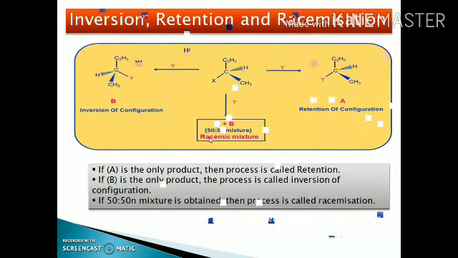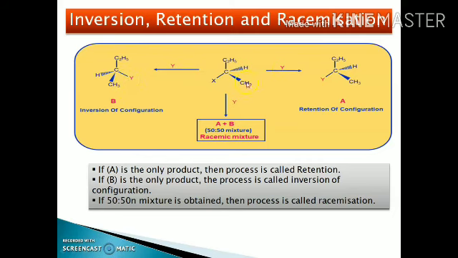The next topic is inversion, retention and racemization. If we want to define these three processes in one reaction, for example, this is our main reactant, with X here and Y as the incoming group. If we displace this X with the Y, X is present on the left hand side, but after the attack the Y is present on the right hand side.